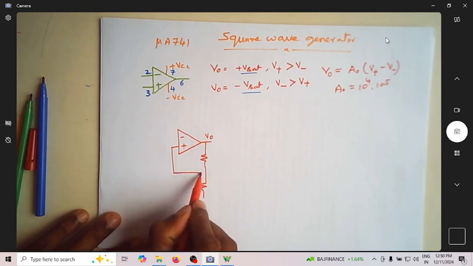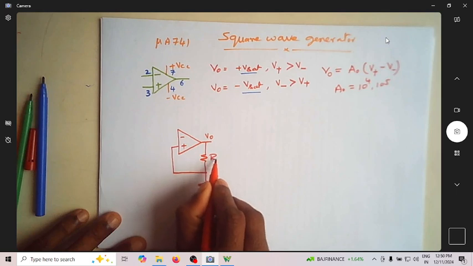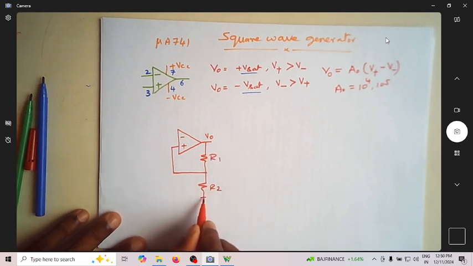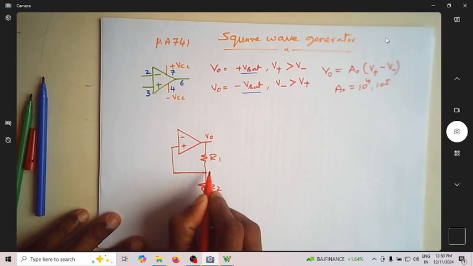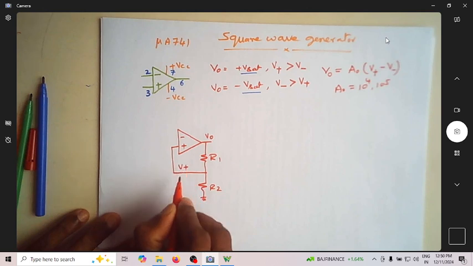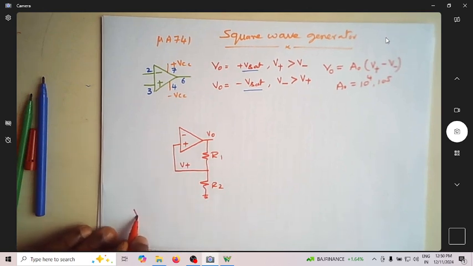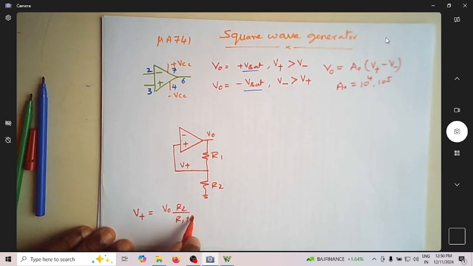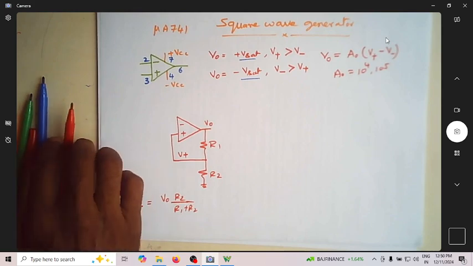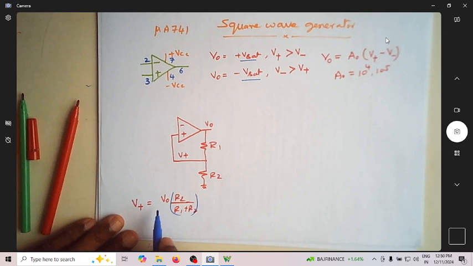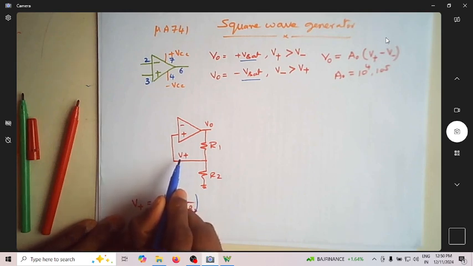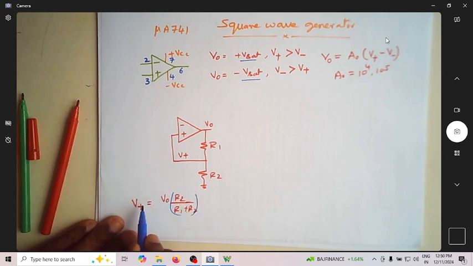Now consider R1 and R2, with one end grounded. The voltage at the non-inverting terminal, V plus, is nothing but V naught into R2 by R1 plus R2. So depending on the values of R1 and R2, V plus will always be a fraction of the output voltage V naught.